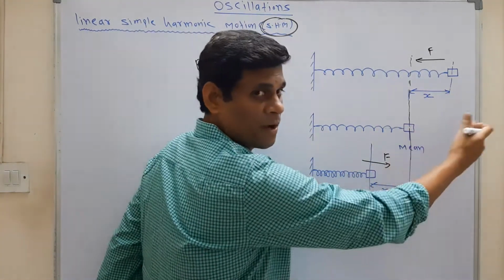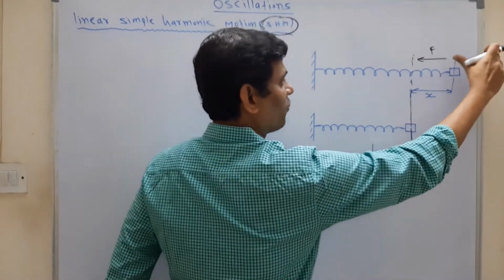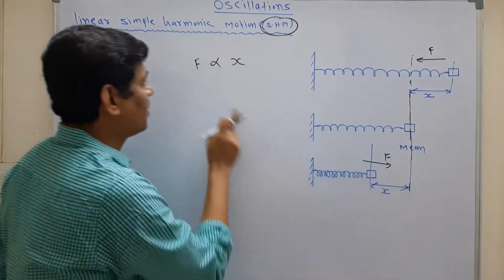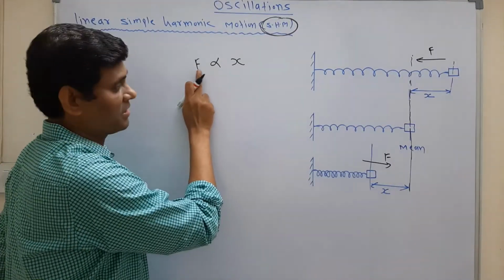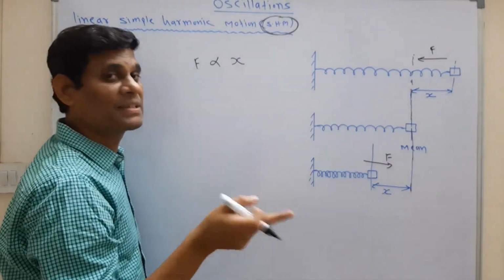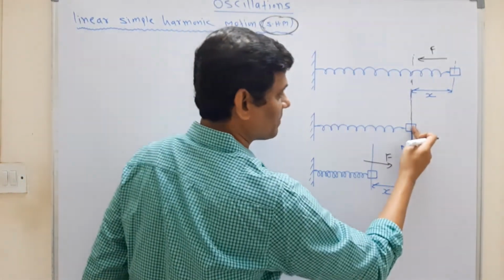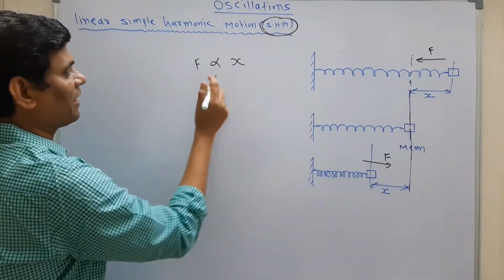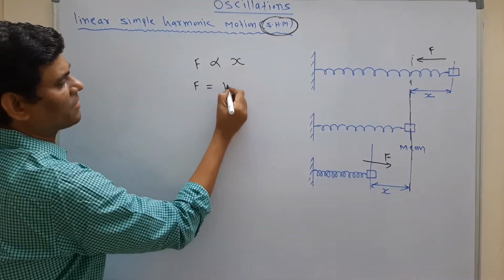Linear periodic motion in which the force is directed towards the main position and the magnitude of force is directly proportional to the displacement from the main position. Displacement is always counted from the main position. If I remove the proportionality sign, I can write a constant k.